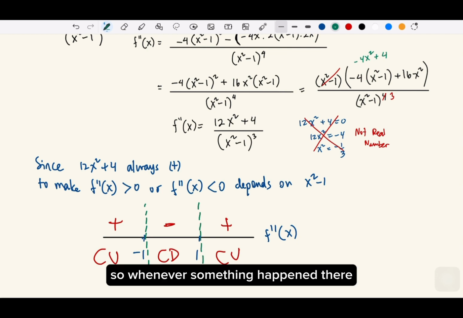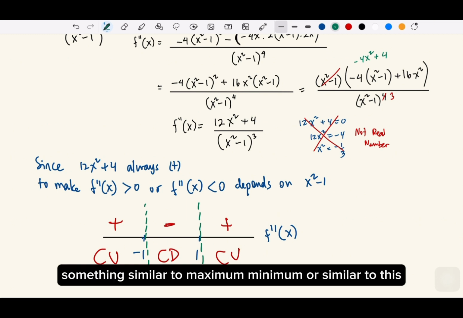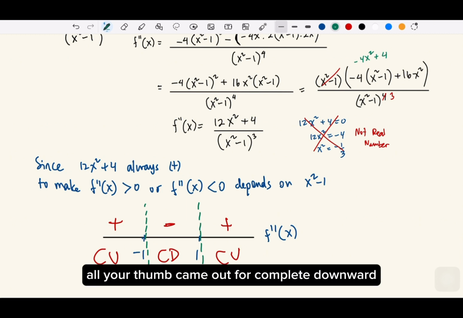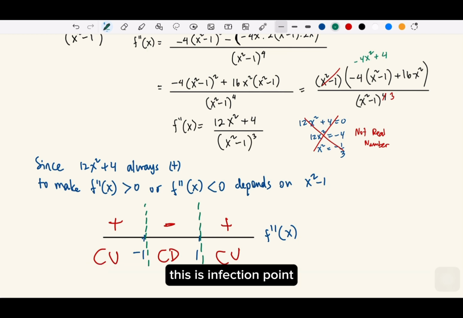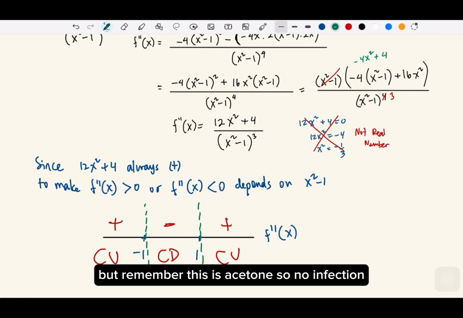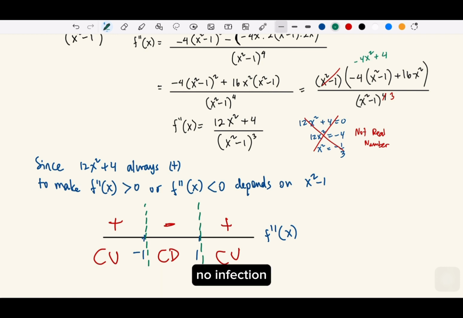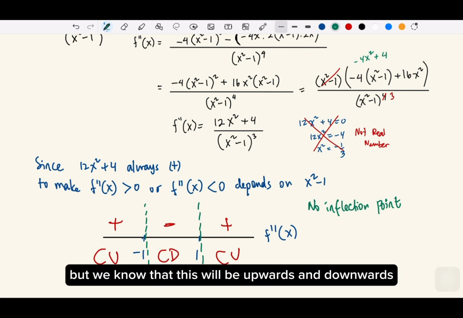Whenever something happens there, like a maximum or minimum, oh, it's concave upward, concave downward. If you don't think carefully, you will see that as an inflection point. But remember, this is an asymptote. So no inflection point, but we know that it will be upwards, downwards and upwards.